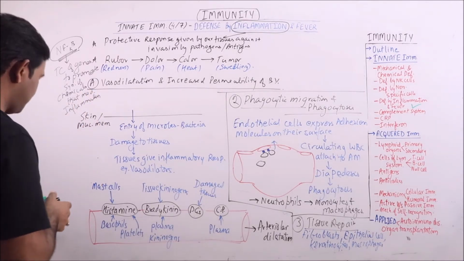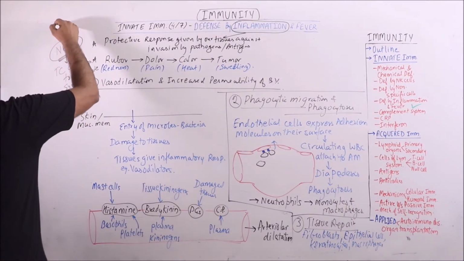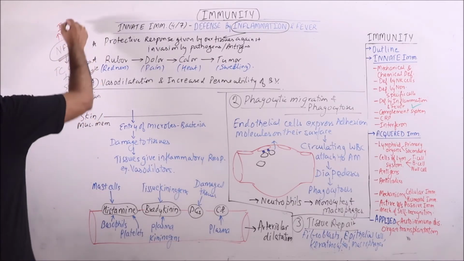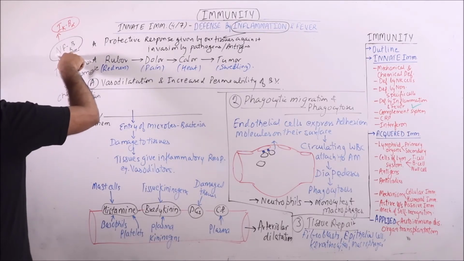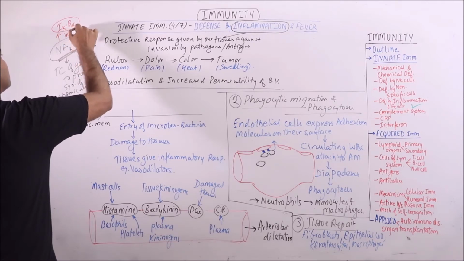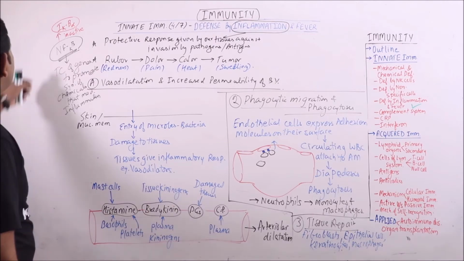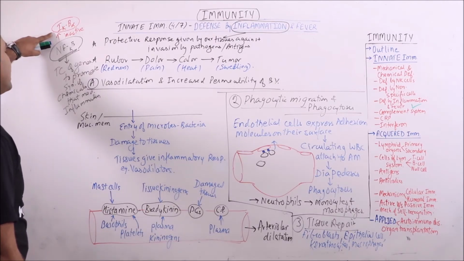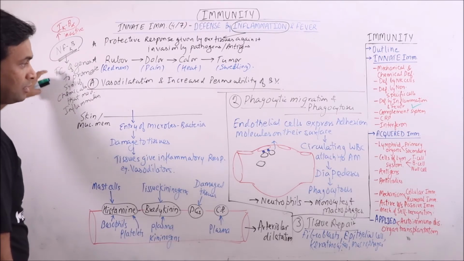But this factor usually remains inactive because it binds with IKB alpha. This is a cytoplasmic protein which binds with NFKB and keeps it inactive. So many anti-inflammatory drugs actually promote the synthesis of IKB alpha so that NFKB may remain inactive.